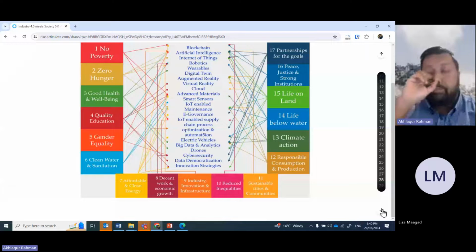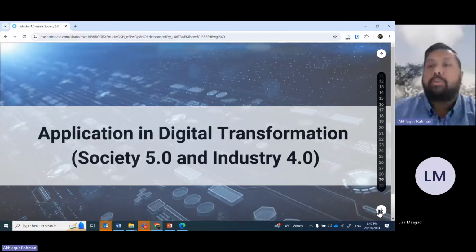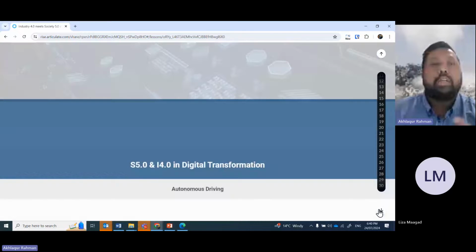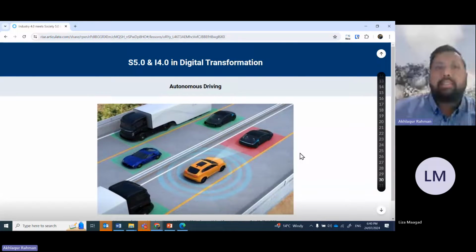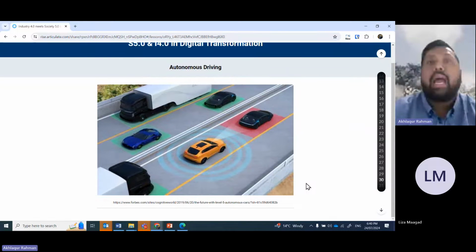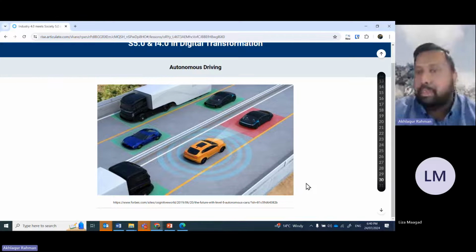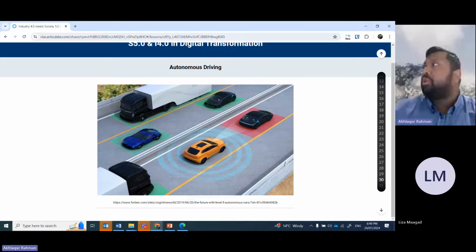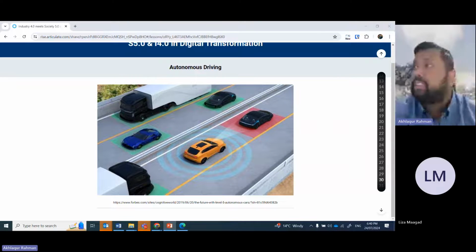If I want to look at a couple of applications, this is more of a use case, and to be honest, just ideas that we hopefully will be able to achieve. Take autonomous driving: there are already some discussions and developments, like self-driving cars.